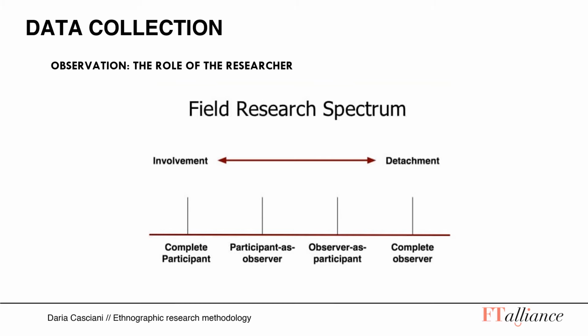During the observation, the role of the ethnographer is between 2 opposites. It could be a really involved researcher in the activities, which is a complete participant involved in the activities of the observed people, or complete detachment, which means that the observer is not participating in the activities, but just observing externally.